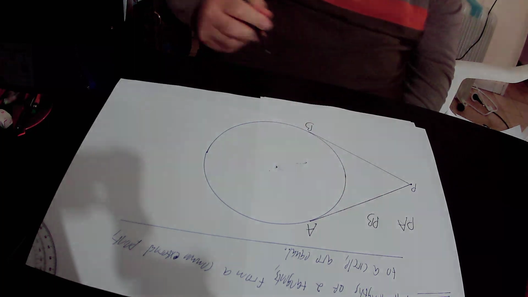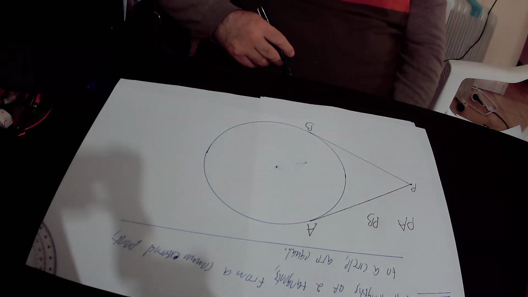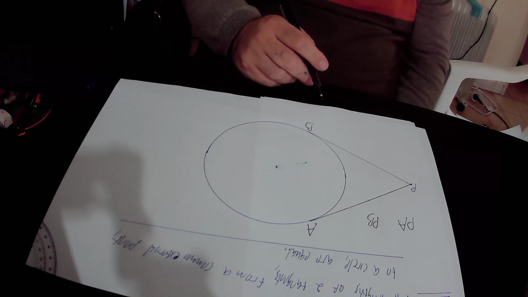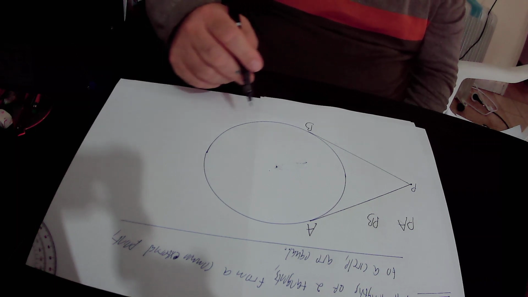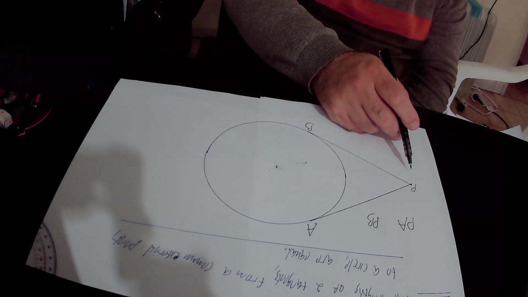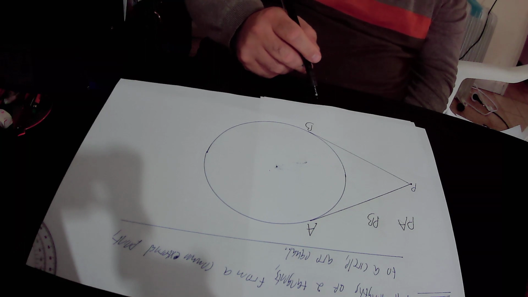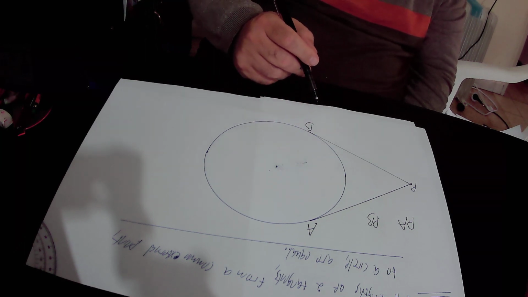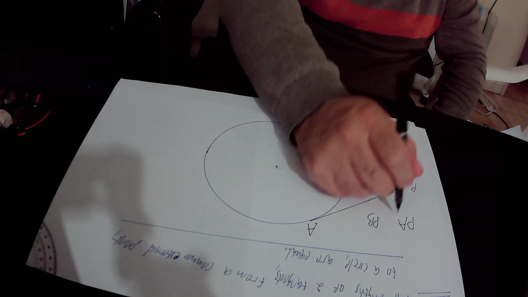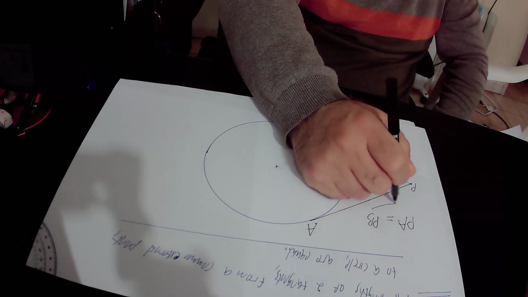According to rule number 1, the lengths of two tangents, PA and PB, from a common external point P to a circle, to points A and B, are equal. That is to say PA is equal to PB.